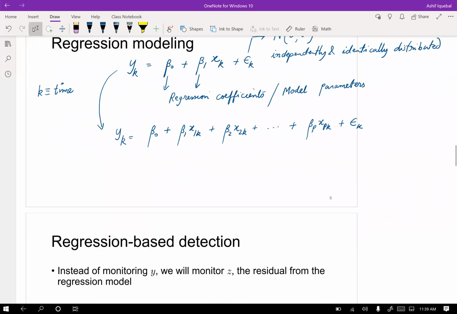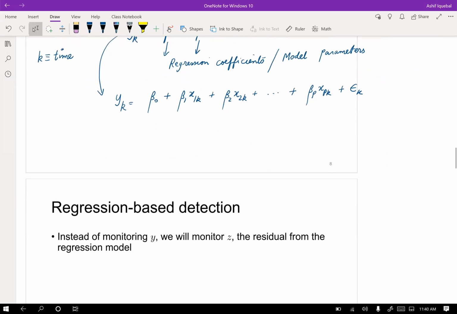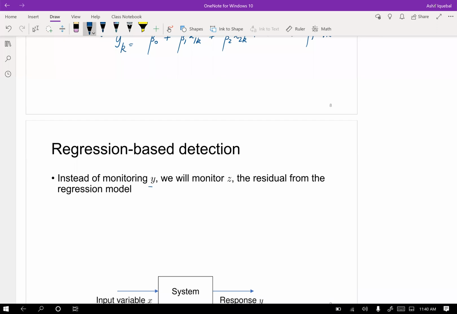Now, once you are able to establish the regression model, instead of monitoring y, we will monitor z. We are not going to monitor y now. We are going to monitor z. What is z?